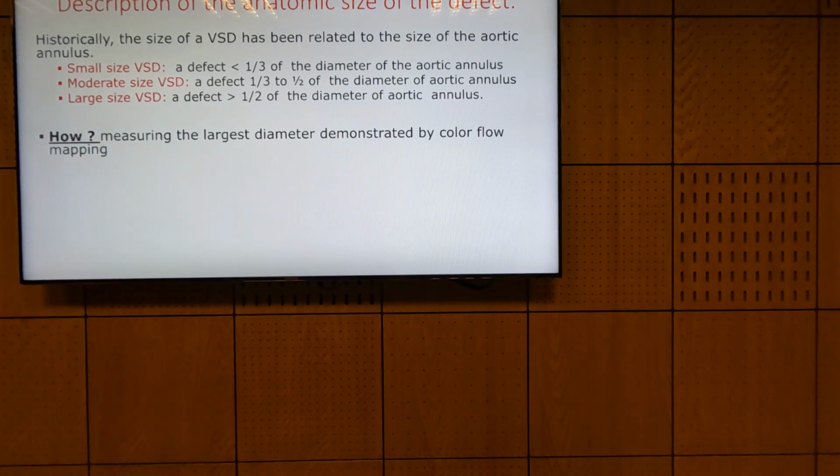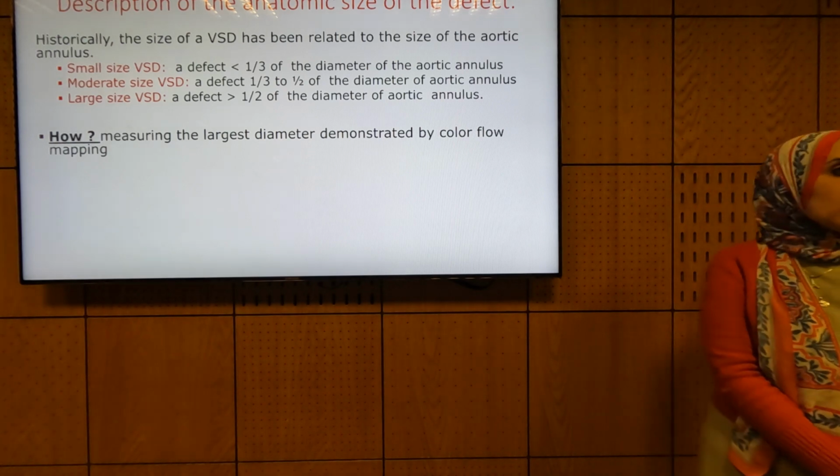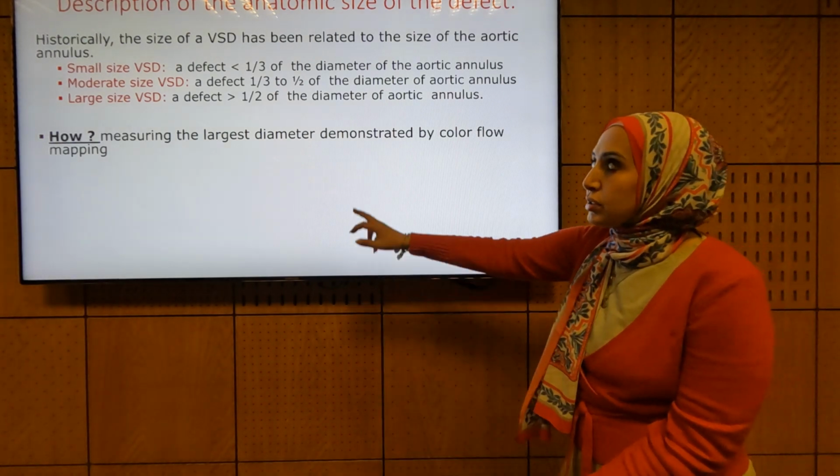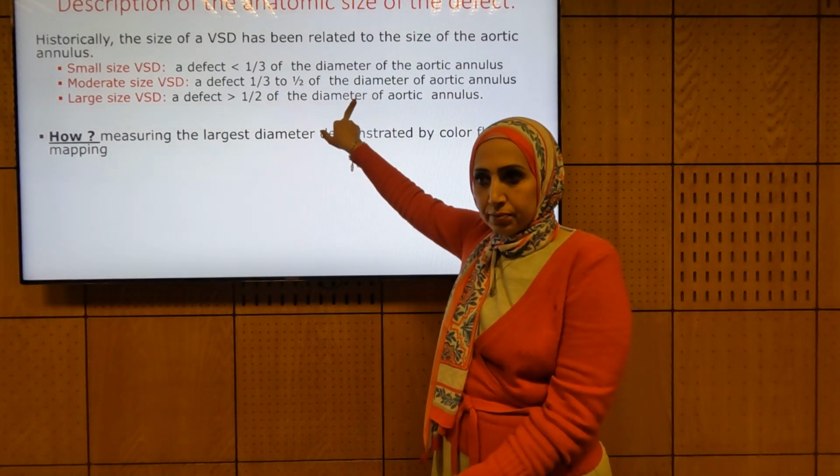If the defect is less than 1/3 of the aortic valve annulus, we call it small. If the defect is larger than half the size of the aortic valve annulus, we call it large. If it's between 1/3 and 1/2, we call it moderate.